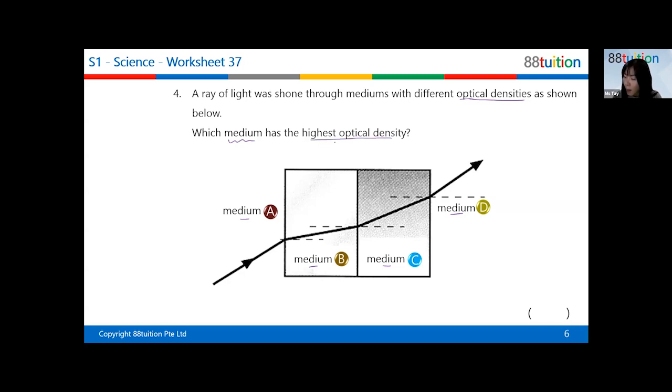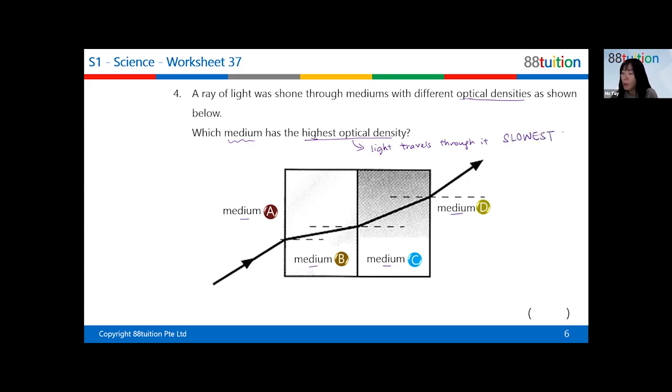Now take note, the higher the optical density, the slower light will be traveling. So the highest optical density, light travels through it slowest.